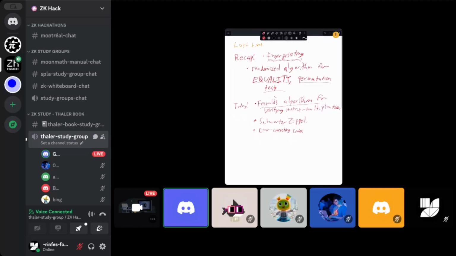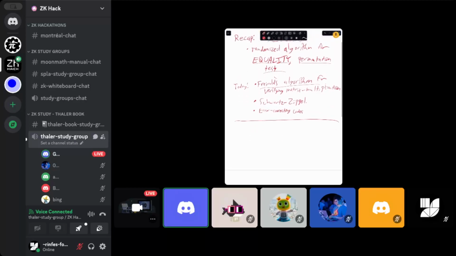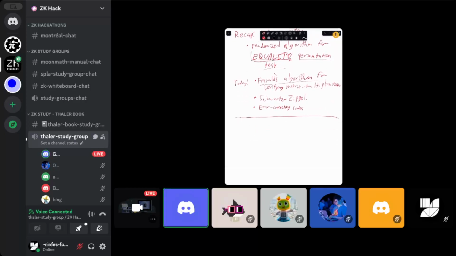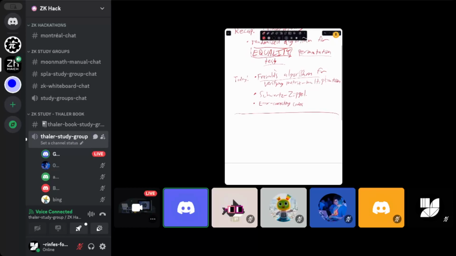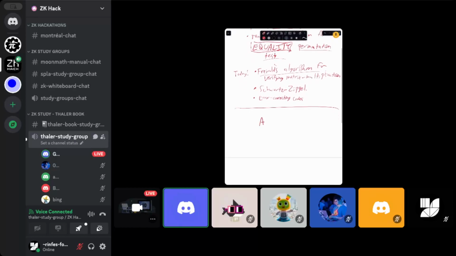Okay, so a quick recap of fingerprinting, as applied to the equality problem first. I described this problem as you have two parties, Alice and Bob, who both have really long vectors.